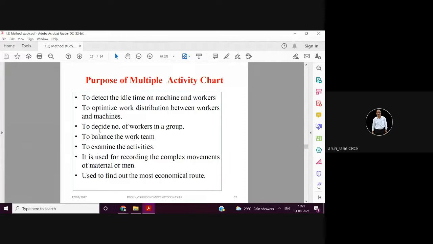So it says, you know, how many peoples are required, what will be the distribution between the works and machine. Then everybody has to work, isn't it?